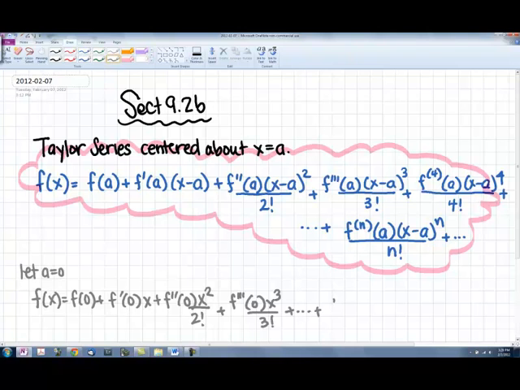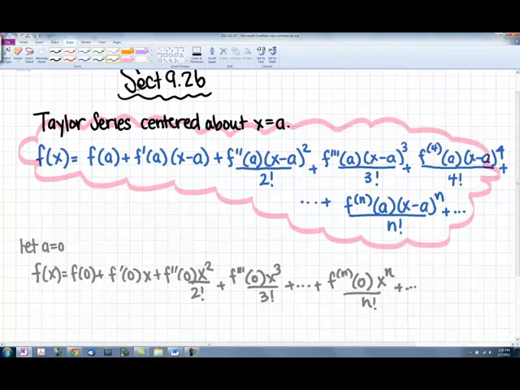And then our nth term is the nth derivative of f at 0 times x to the n over n factorial. So similar to what we had yesterday, all of the zeros are replaced with a's, and try to remember that this is like having over 0 factorial, over 1 factorial. This is x minus a to the 1, and you can think of this as x minus a to the 0. So it does fit the pattern all the way through for n greater than or equal to 0.